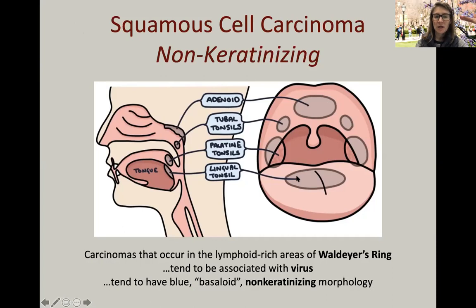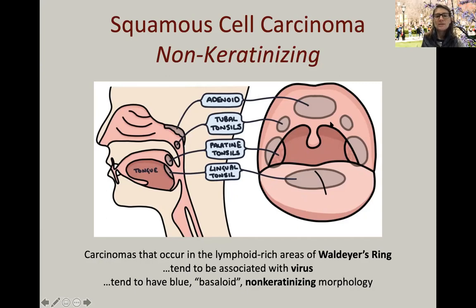Starting at the base of tongue, we have the lingual tonsil, right? Moving up on either side, we have the palatine tonsils. At the very top in the nasopharynx, we have the adenoids, and then there are also thought to be smaller tubal tonsils by your eustachian tubes. So this is Waldeyer's ring. This is your protective, inflammatory-rich area.